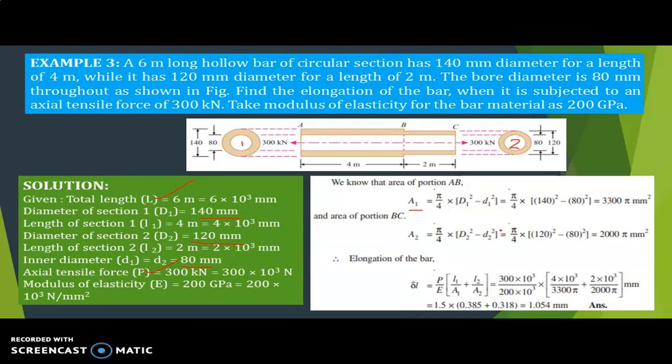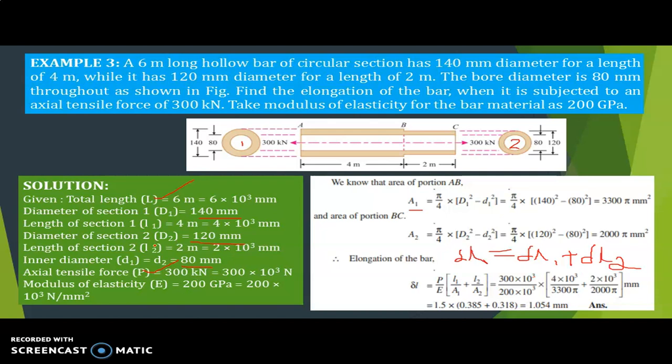Once you get A1 and A2, you can calculate the total deformation. So total deformation is what? That is delta L equal to delta L1 plus delta L2, right? So P1 L1 divided by A1 E1 plus P2 L2 divided by A2 E2.